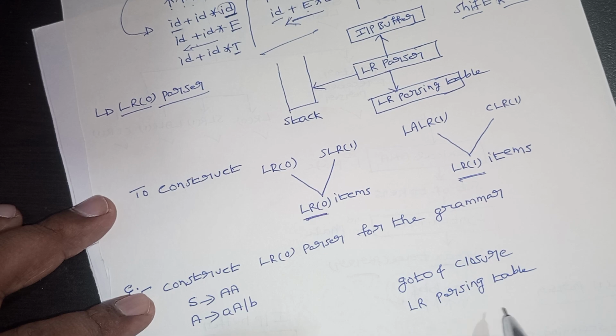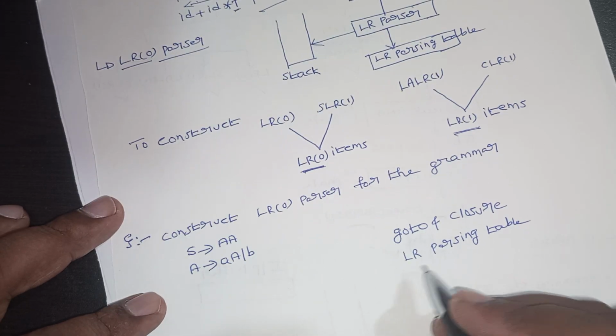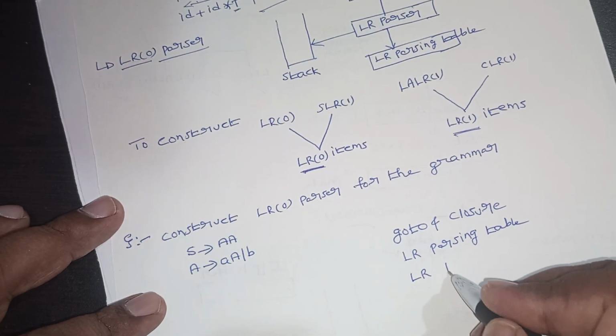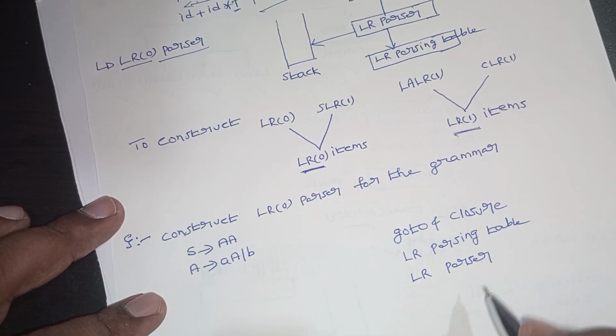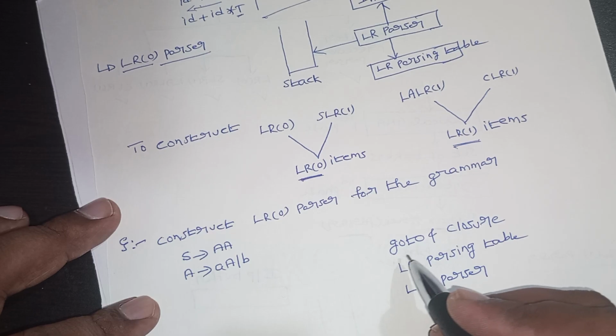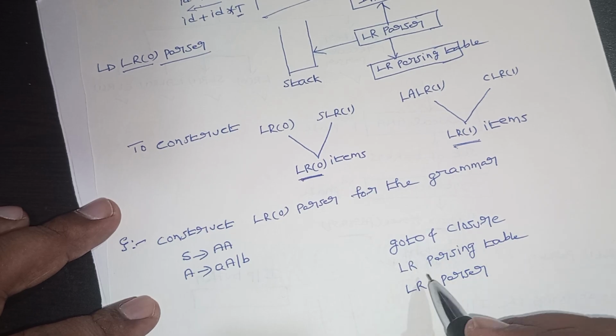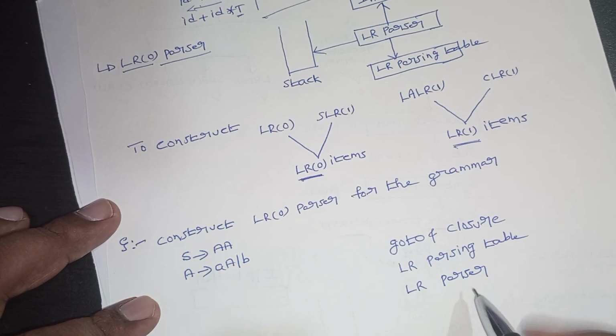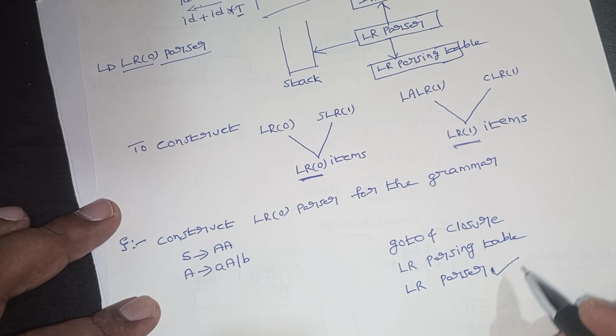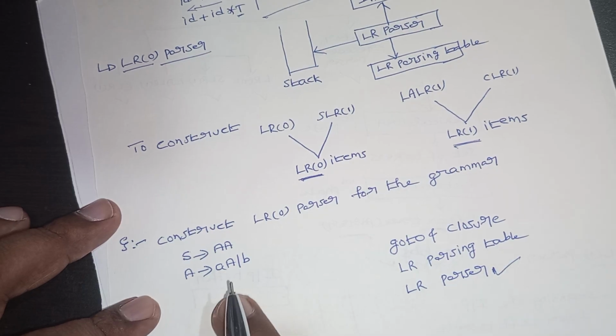Using this table, I have to build the LR parser. So first you construct goto and closure, then you build the LR parsing table, then you construct the LR parser. This is my output. I am taking the example, then I will tell.